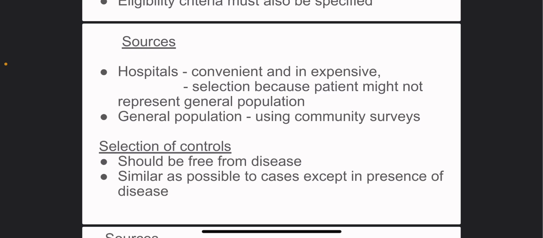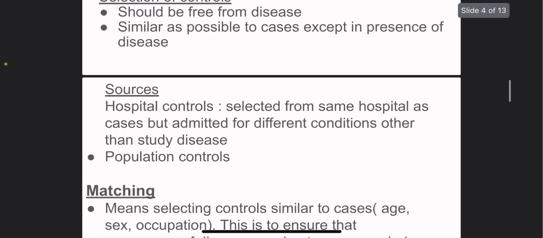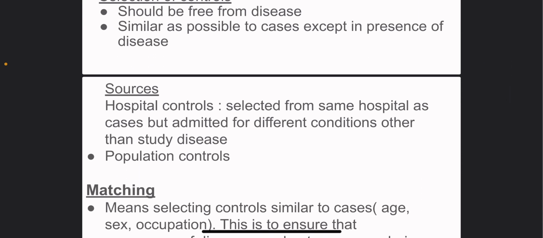And for selection of controls, you have to keep in mind that your controls should be free from disease. Okay, and also make sure that you select your controls as similar as possible to cases except in presence of disease. Next, sources of controls.